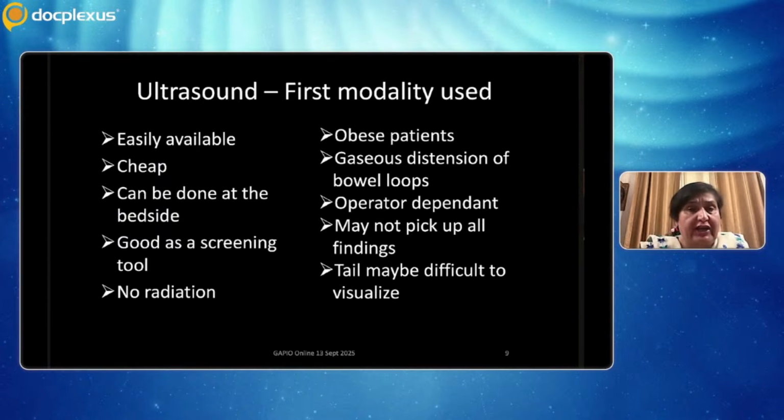Of course, there is no radiation associated with it. However, certain drawbacks are there. In obese patients, it may be difficult to see the pancreas. If there is a gaseous distension of bowel loops, which invariably is there, it may be difficult to see the pancreas. It's operator dependent to some extent, may not pick up all the findings, and the tail sometimes may be difficult to visualize.